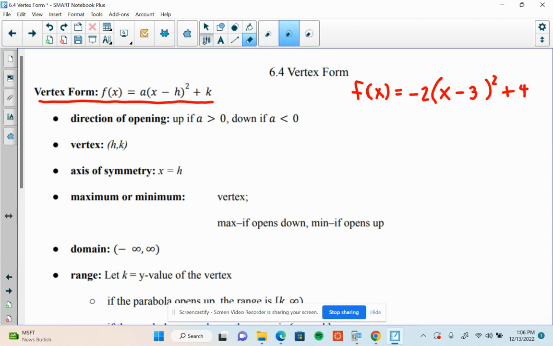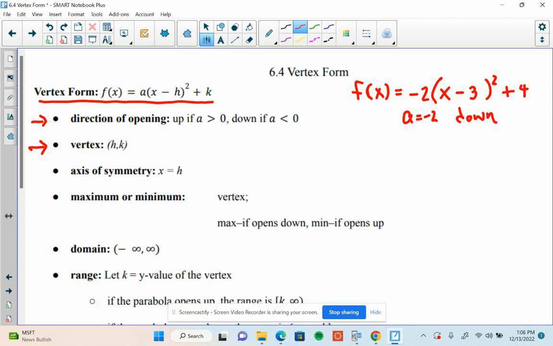So what we know is that for this particular example, because a is -2, the parabola is going to open downward. So direction of opening: if a is positive, it opens up. If a is negative, it opens down. And then the vertex is h comma k.